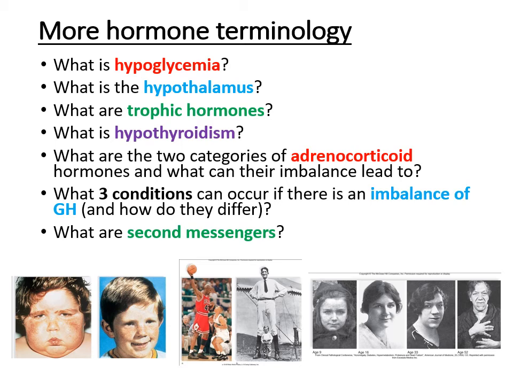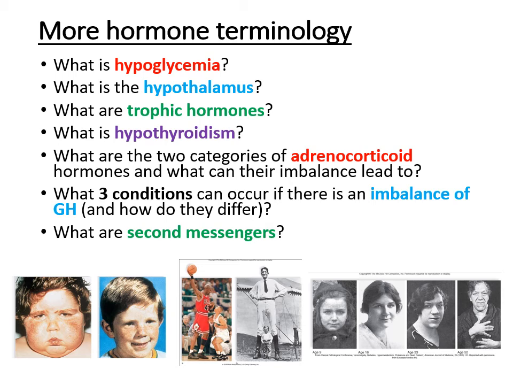And if you end up with too much thyroxine, instead you get hyperthyroidism. So if you have low thyroxine levels and you have hypothyroidism, you basically will see that present as lethargy and obesity, whereas hyperthyroidism has the opposite effect.